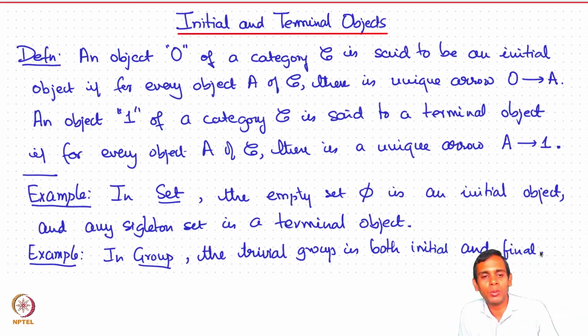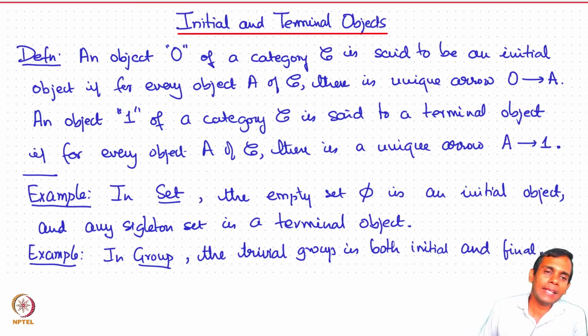So to define a homomorphism from a trivial group to any group, you only need to define it at the identity. And a group homomorphism must take the identity to the identity. So in this sense, groups are a little different from sets. So there's only one arrow from the trivial group to any group.